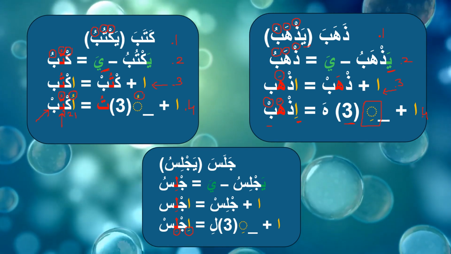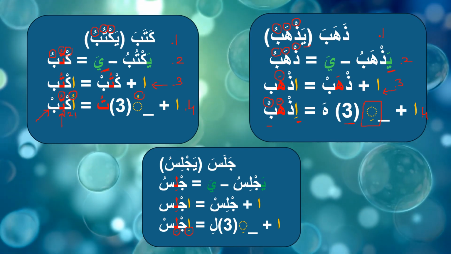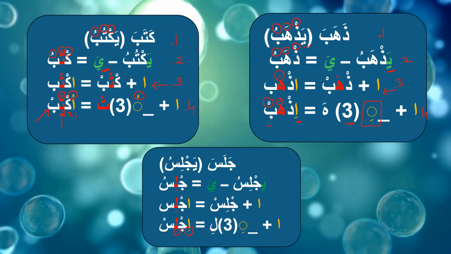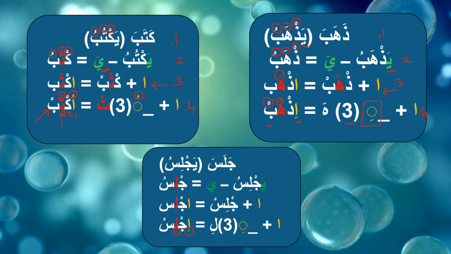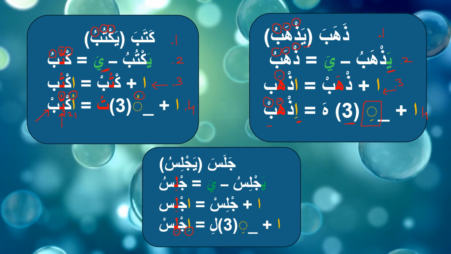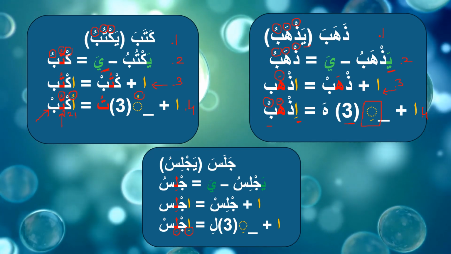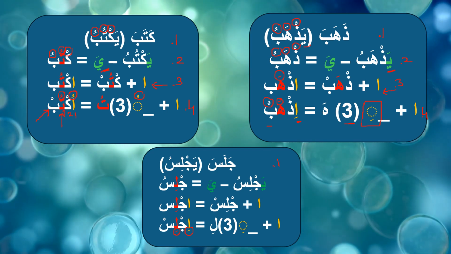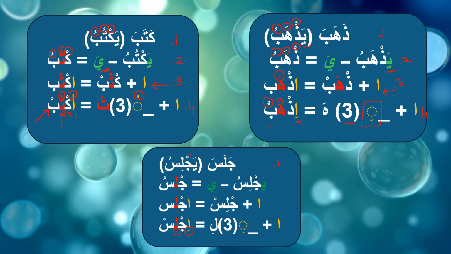Now the third example here is jalasa. I took this example jalasa because in this example we have a kasra on the third letter. So this decides the haraka of the hamzatul wasl. So from jalasa we need to make it into present tense, yajlisu. So check the haraka.